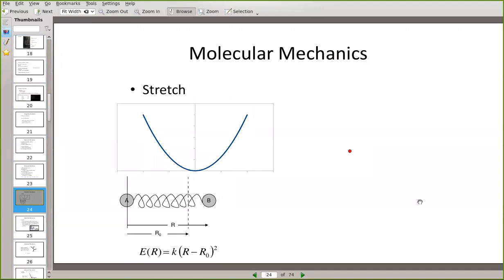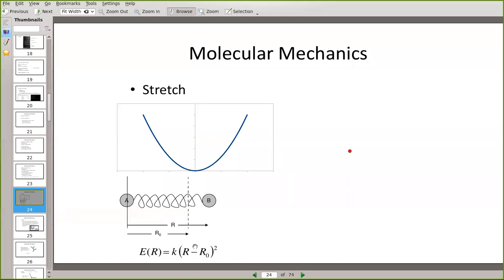Of course, for a bond, you can imagine two atoms, and they have a bond, and they are connected to each other. As you move them away, if A and B are at equilibrium, the energy will be at zero. So you see in this graph, if A and B are at equilibrium, the energy is zero. But of course, as you move away, the energy goes up, and we find a parabolic curve works quite nicely for this.